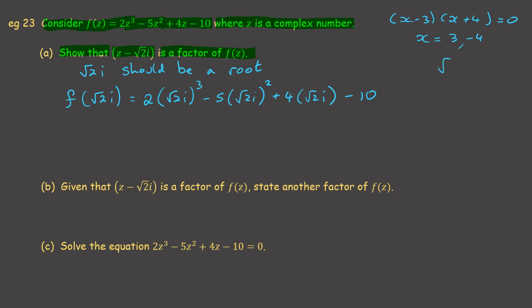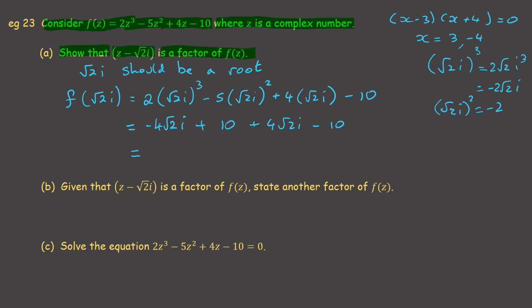Now, if we do root 2i cubed, that's going to be 2 root 2 i cubed, which is negative 2 root 2 i. So this would become negative 4 root 2 i. Root 2i squared would be negative 2, so that would become plus 10. Then we've got plus 4 root 2i, take away 10, which is equal to 0.